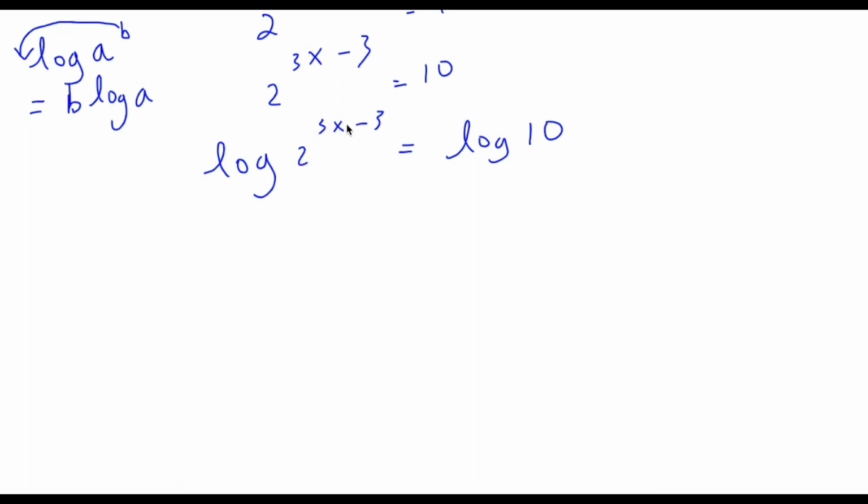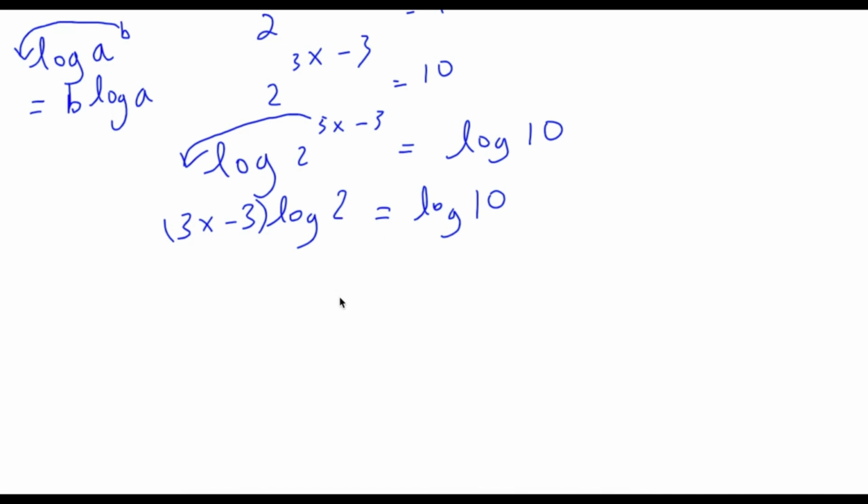So in this case, as you can see, x is an exponent. It's not an actual term. And if we want to find the value of x, we want x to be an actual term. So I'm going to use this property and move our exponent, 3x minus 3, to the front. So now we will have 3x minus 3 times log 2 is equal to log 10.